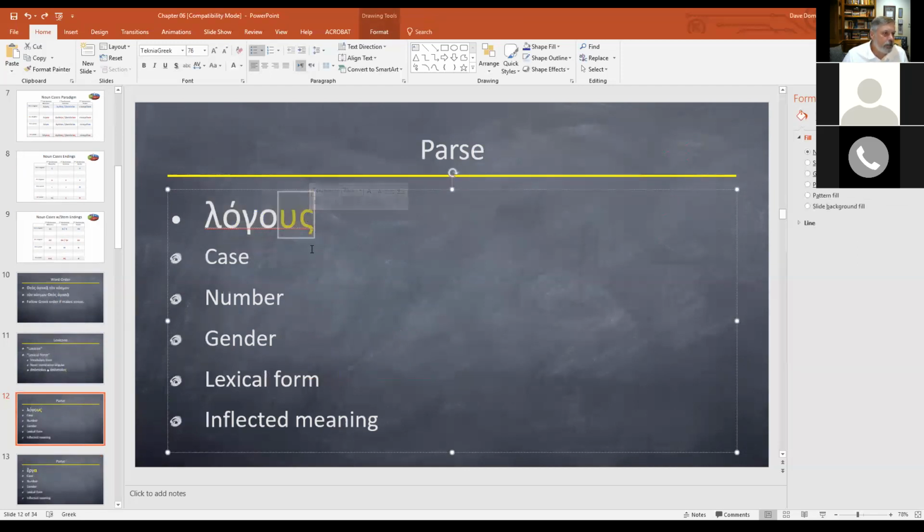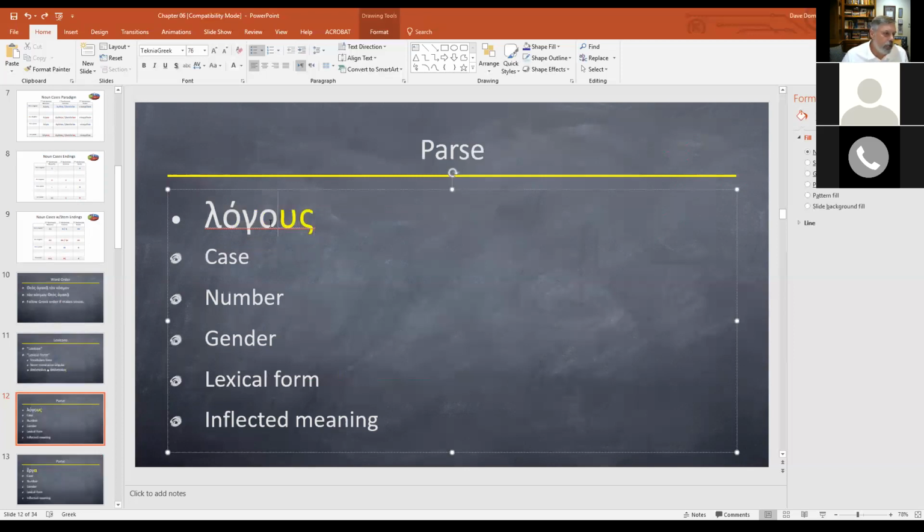The case ending tells me what case it is, how it functions. Is it going to function as the direct object or as the subject? That ending tells me that. Is it singular or plural? Is it masculine, feminine, or neuter? Those are all the things that I need to know. And so we practice parsing. Parsing is to break it into its parts.